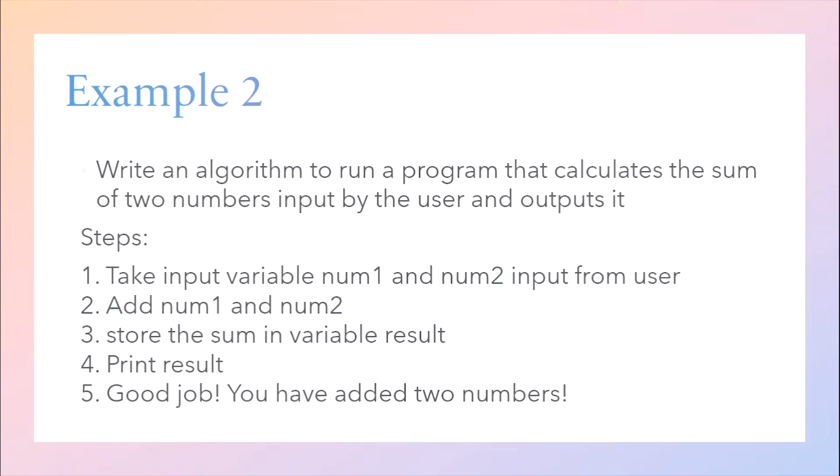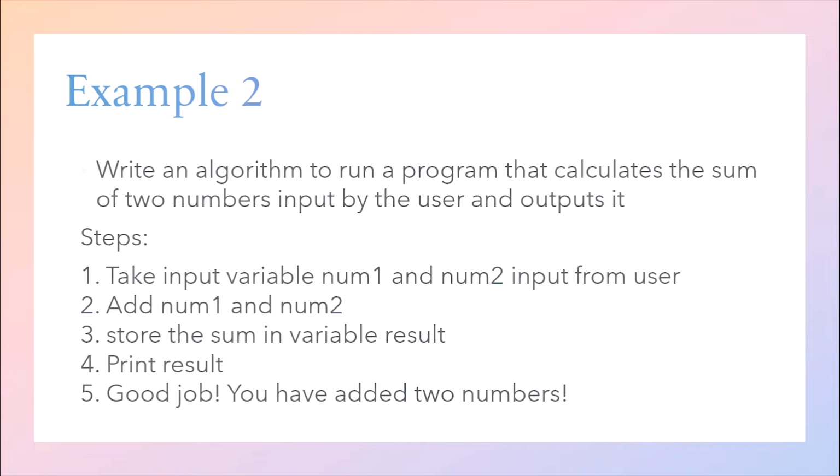In this example, we're going to write an algorithm to run a program that calculates the sum of 2 numbers, which are input by the user, and then it outputs the result back to the screen. For this, at first, we tell the computer to make 2 input variables called num1 and num2, and then take input from the user.